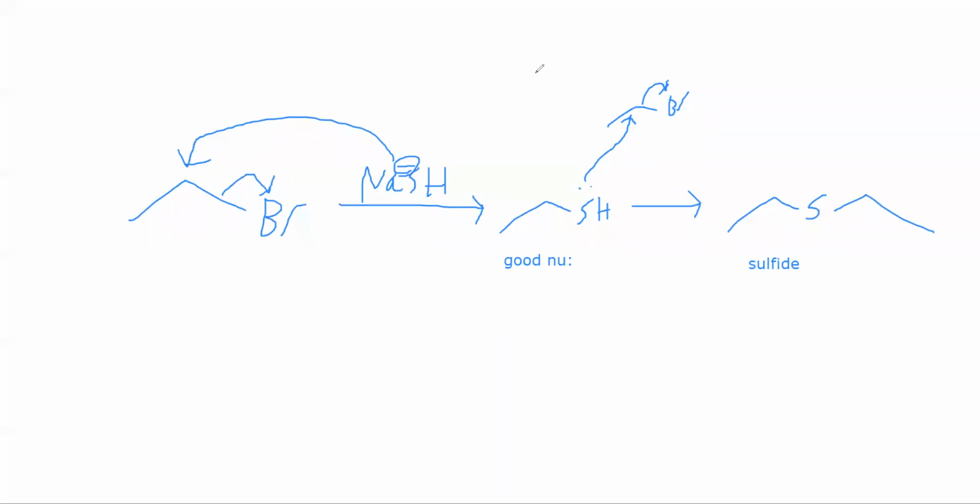So the way that Brooke presented making them is, instead of using SH minus as your nucleophile with an alkyl halide, you can use this structure called thiourea. It looks like this. I don't think you have to know the name of it, but maybe you should be able to recognize it.